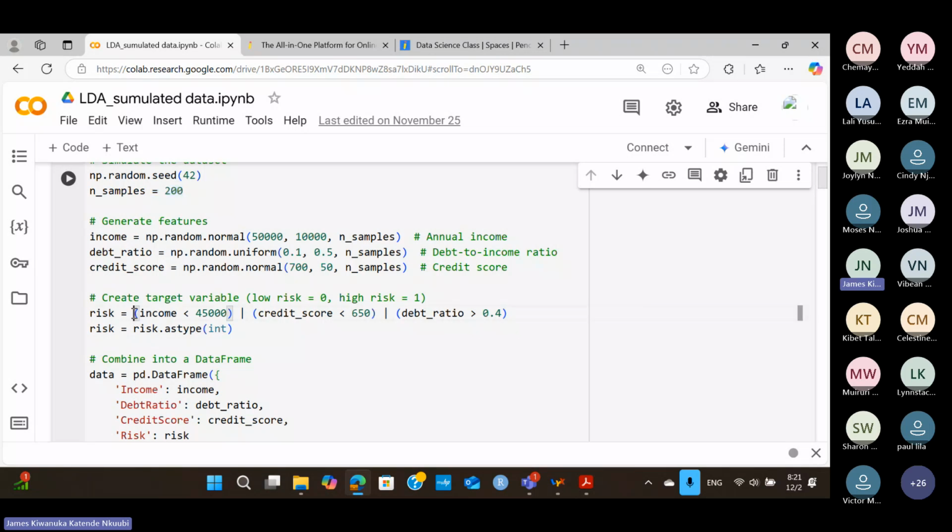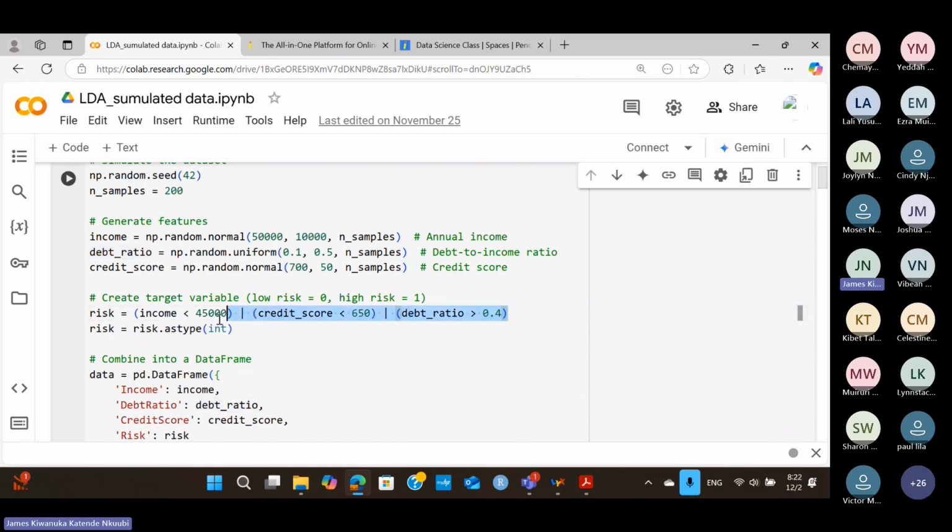And then we set up some thresholds for high risk customers. If the income is less than 45,000, we take that to be a high risk customer. If the credit score is less than 650, we take that to be a high risk customer. And if the debt ratio is greater than 0.4, we consider that a high risk customer.